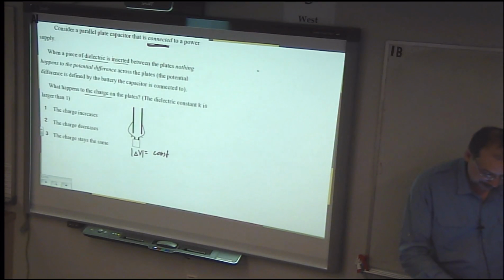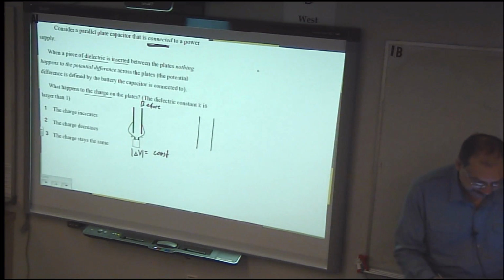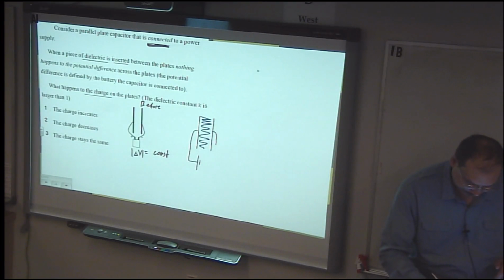So this is a picture for a capacitor before we inserted dielectric. Now we can draw a similar picture with a dielectric. So still the same voltage.